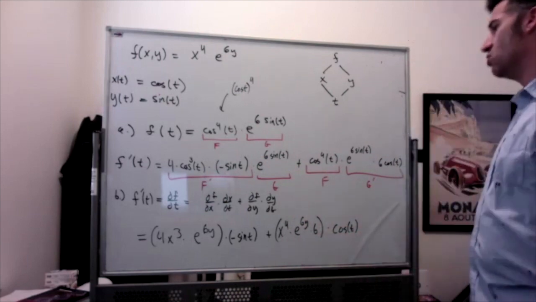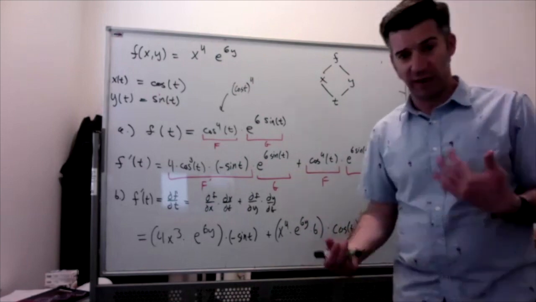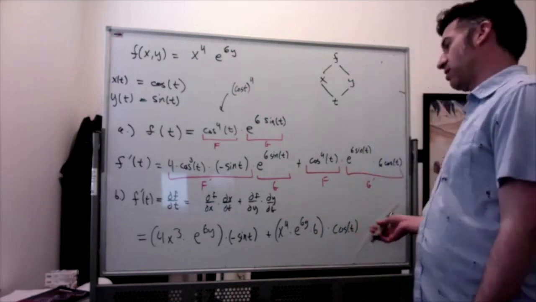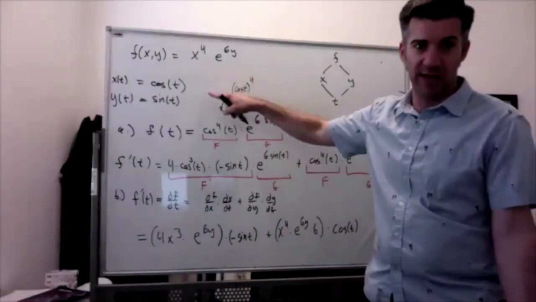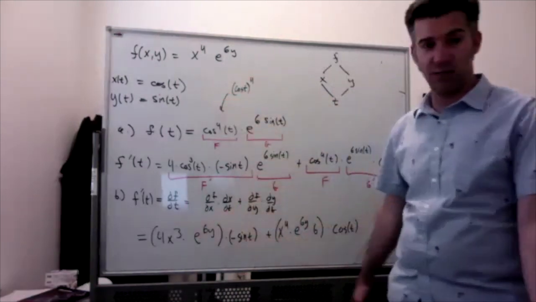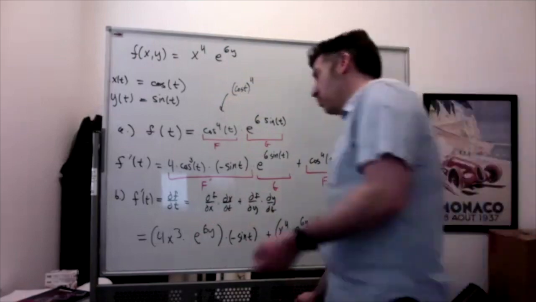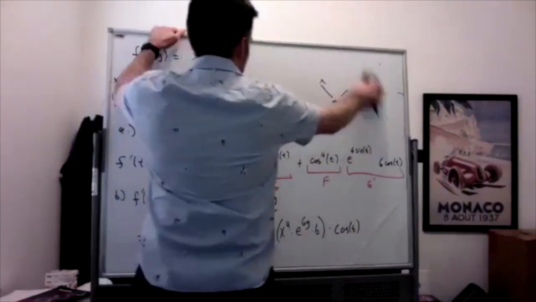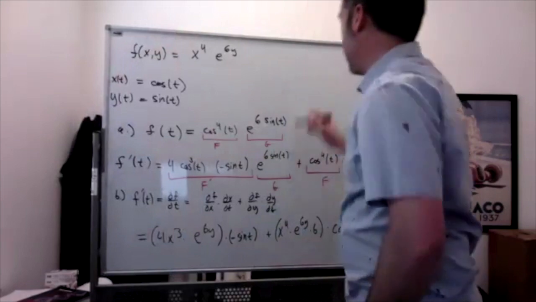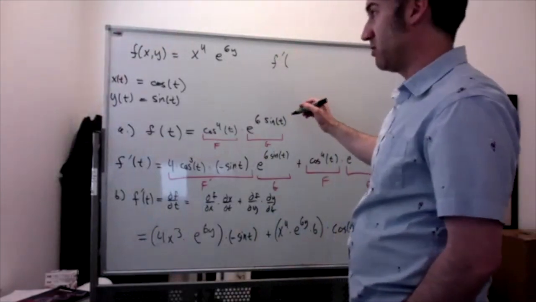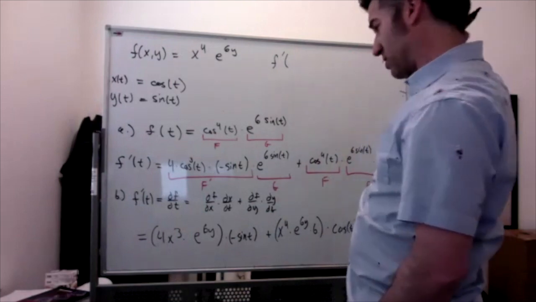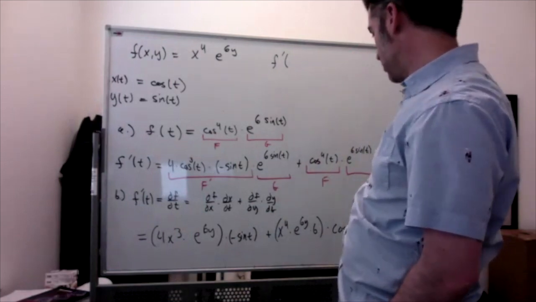What usually happens is, if you're actually trying to evaluate this somewhere, it's usually easier to say, well, if t is something, then cosine of t is whatever, and sine of t is whatever. I'm going to plug those in for x and y. So for example, if I wanted to find f prime of, let's make it interesting. Let's say f prime of, let's not make it too interesting, James. Let's be a little bit.